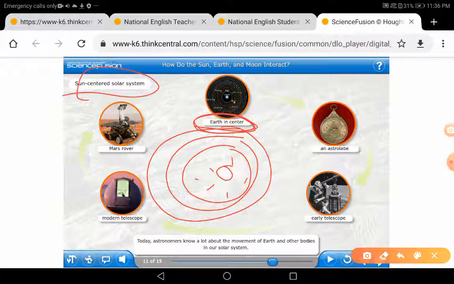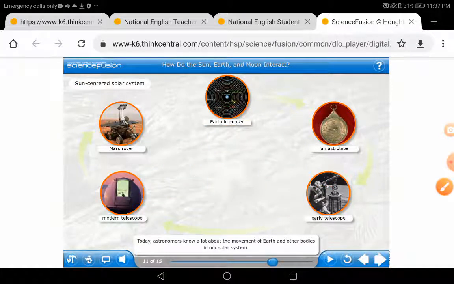But they had evidence that proved that Earth is not in the center of the solar system. Listen up to this slide and you will find out why they changed from Earth-centered to sun-centered. This is sun-centered.